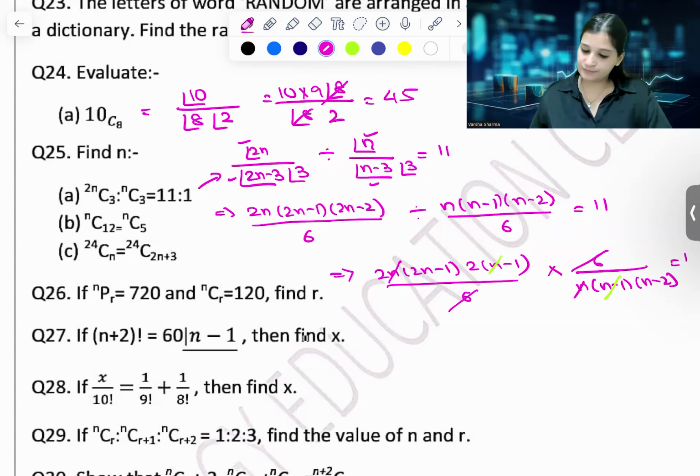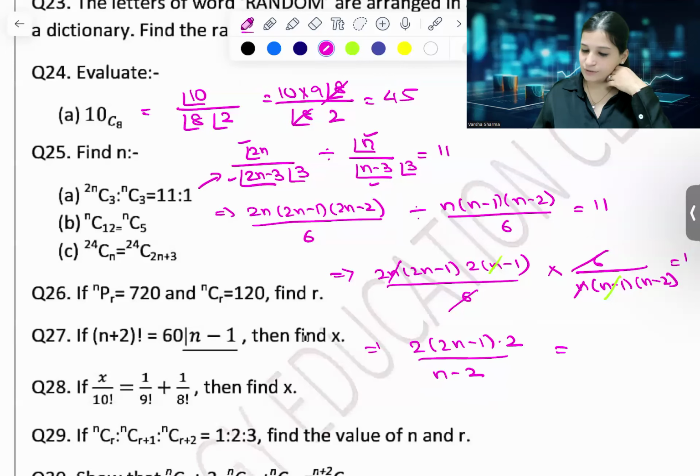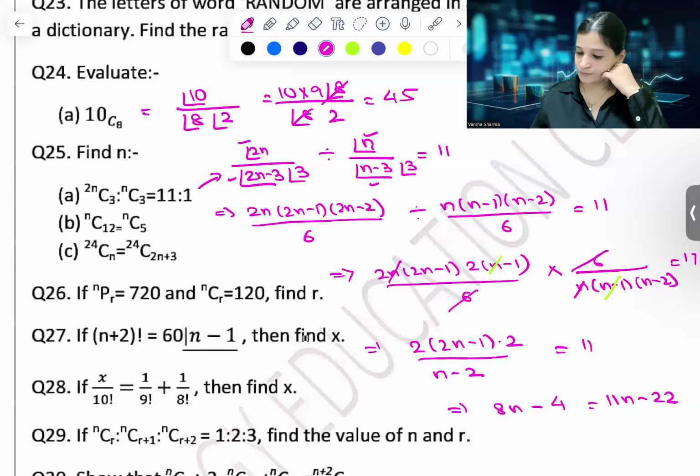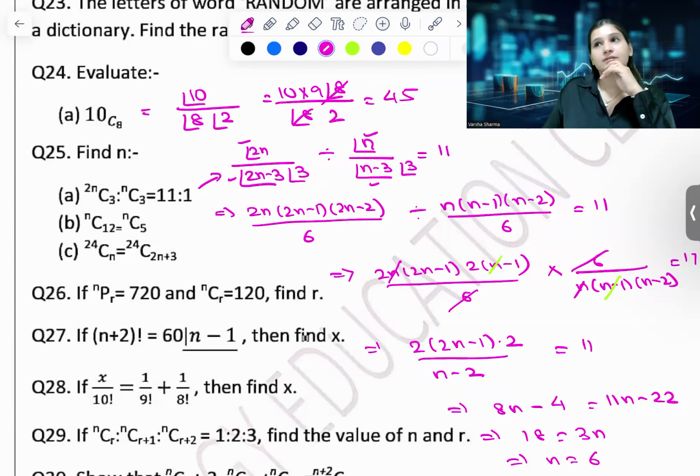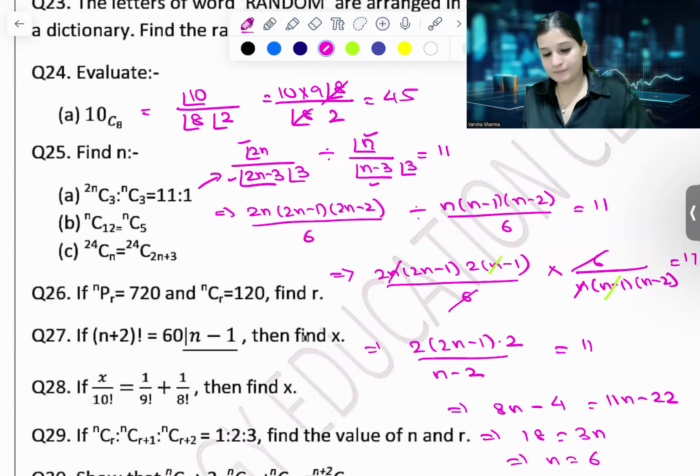We are left with 2 times 2n minus 1 into 2 divided by n minus 2 equal 11. 8n minus 4, 11n minus 22. 18 equal 3n, n will be 6. Did you all get the same answer? Yes.